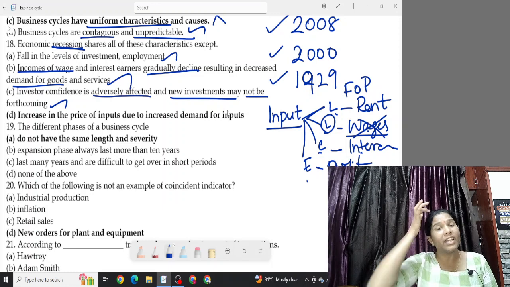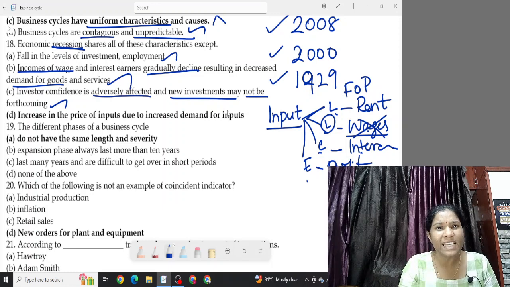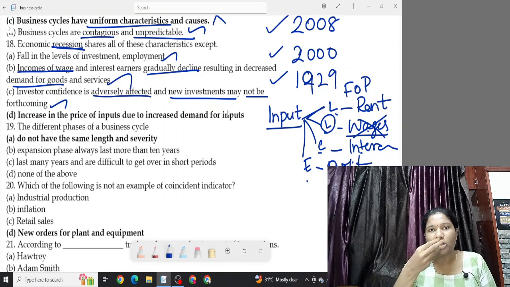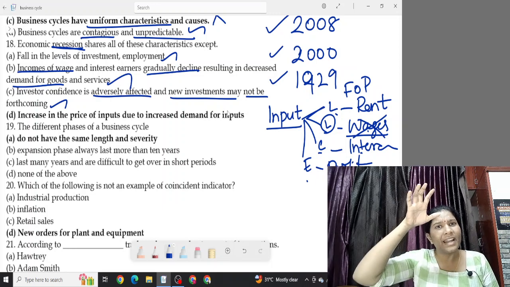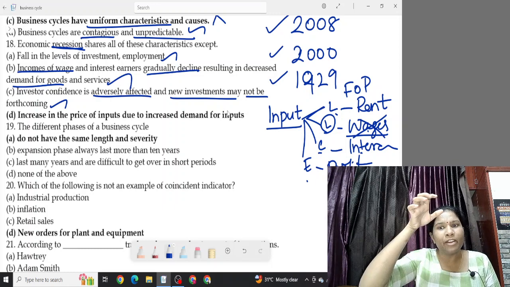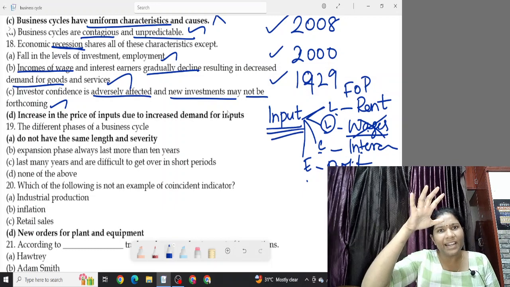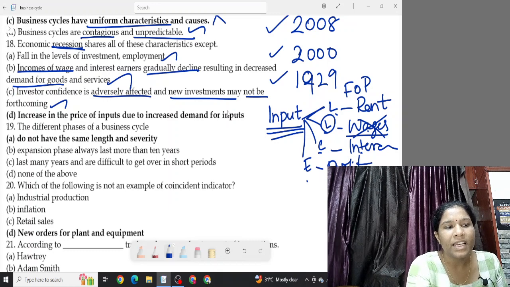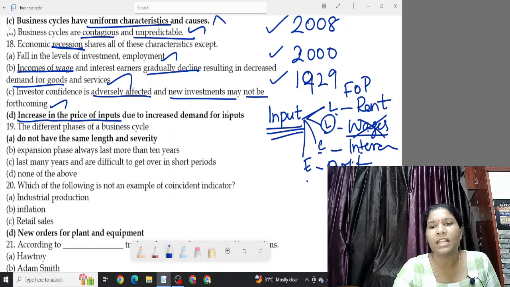So whenever there is a recessionary phase, there is a general decline in demand for consumption. Whenever there is a decline in demand, automatically there is also a decline in demand for land, labor, capital, entrepreneur, which put together are called input. Whenever there is a decline in demand for input, there is a decline in the price of inputs. What is the input price for labor?